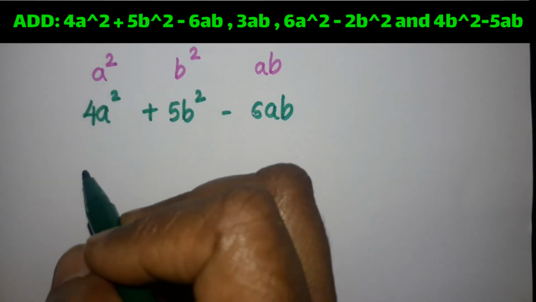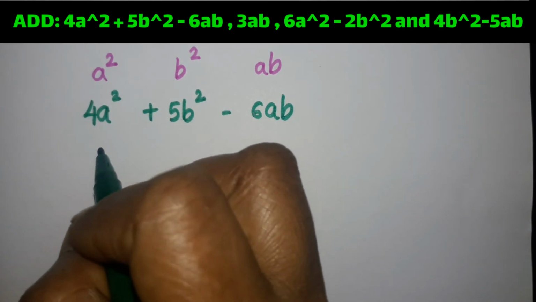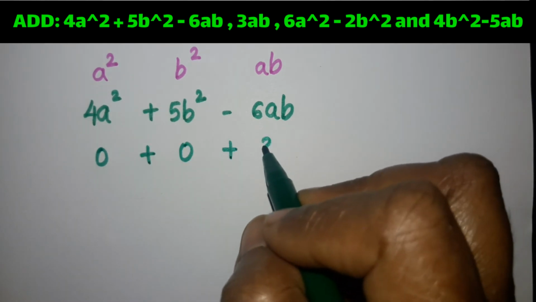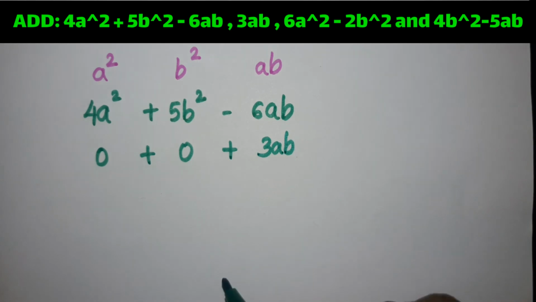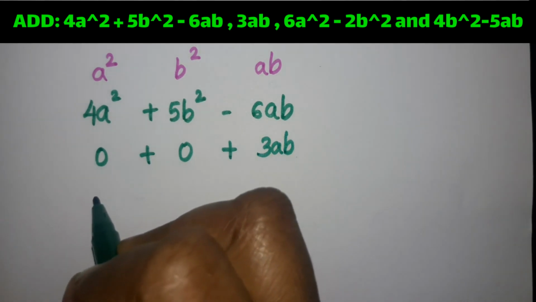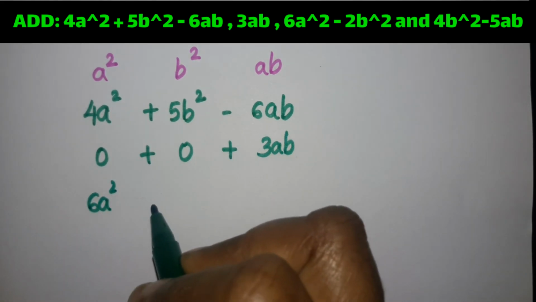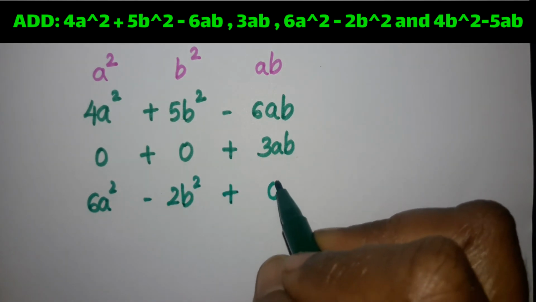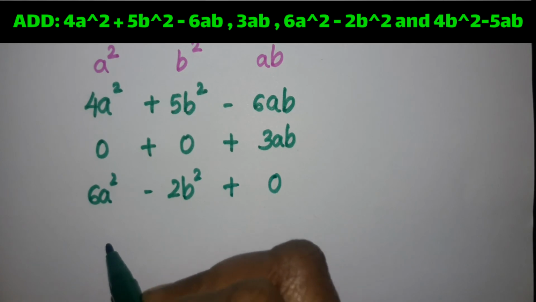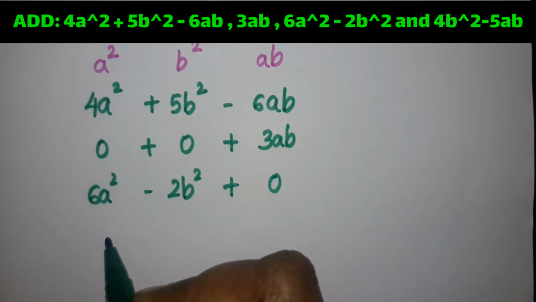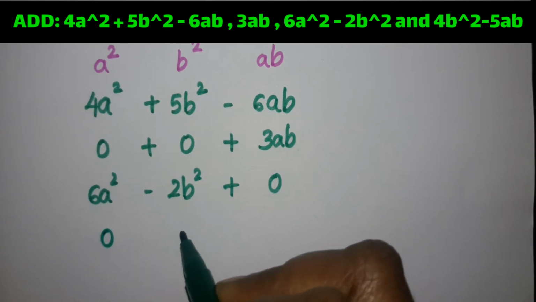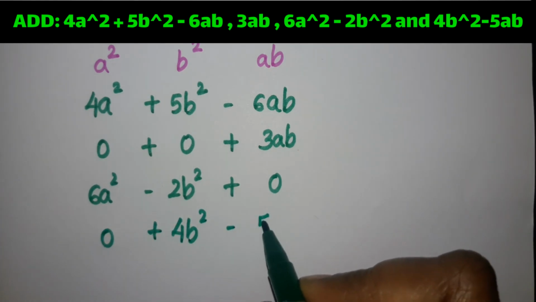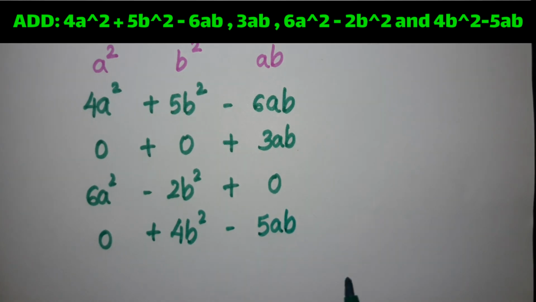Now second expression we have only 3ab, so no a square term, no b square term, and it is only plus 3ab. Now third equation is 6a square minus 2b square and no ab term. Here we have 4b square minus 5ab, so no a square term, plus 4b square minus 5ab.